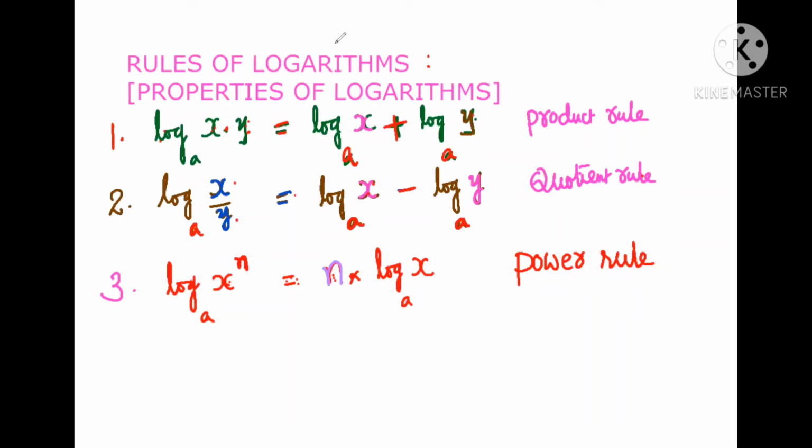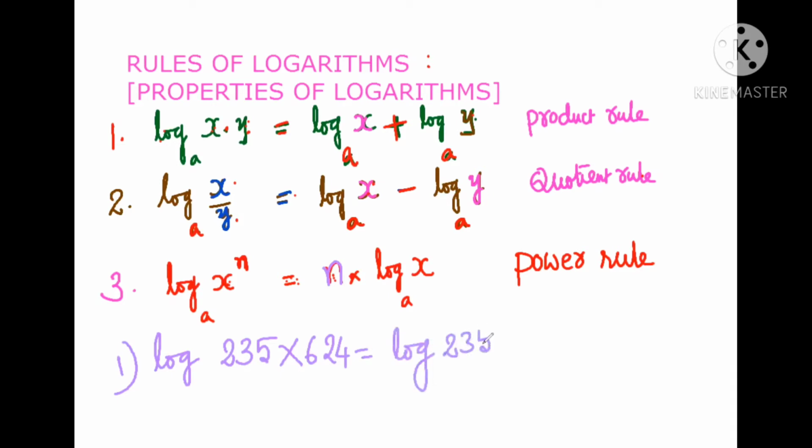Now where do we use this one? First rule, logarithm of the product of two numbers. Logarithm of 235 into 624 can be written as logarithm of 235 plus logarithm of 624.